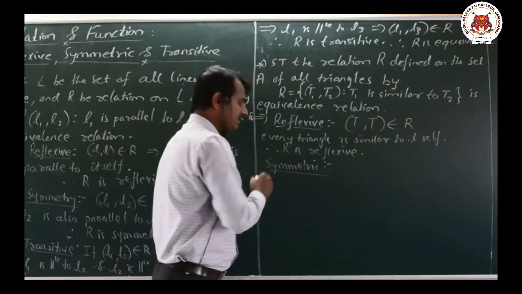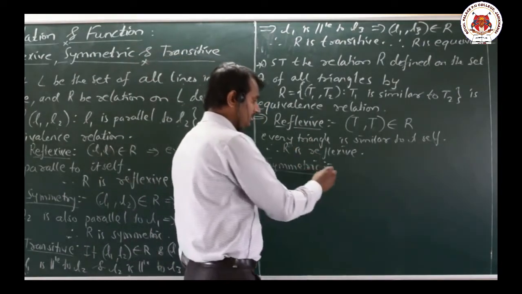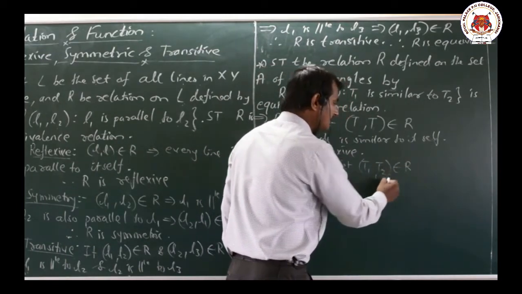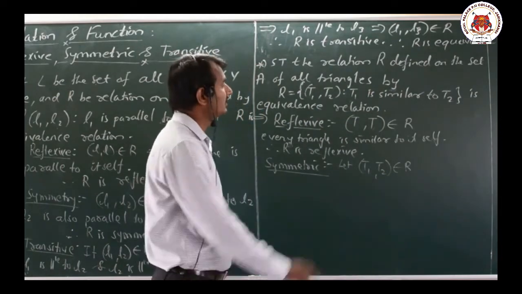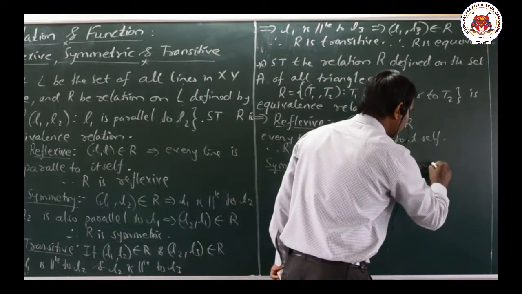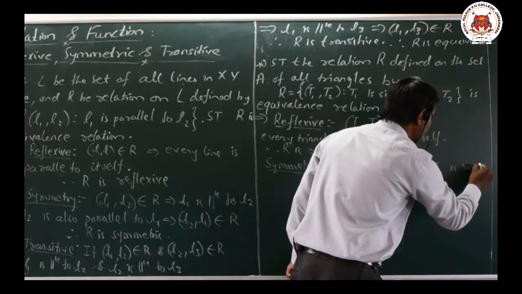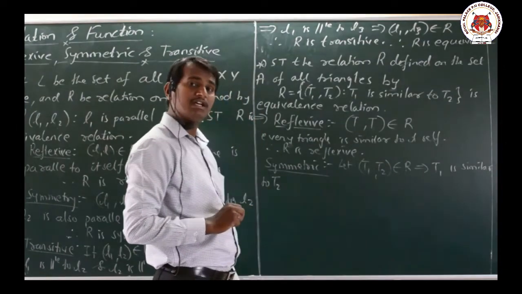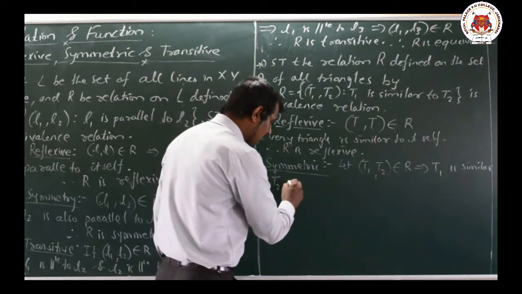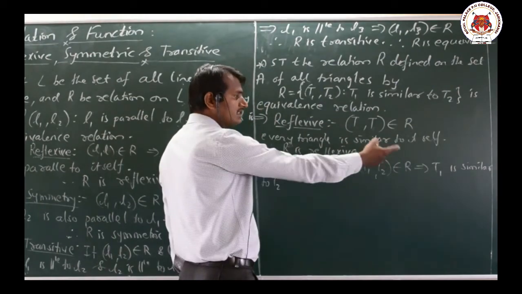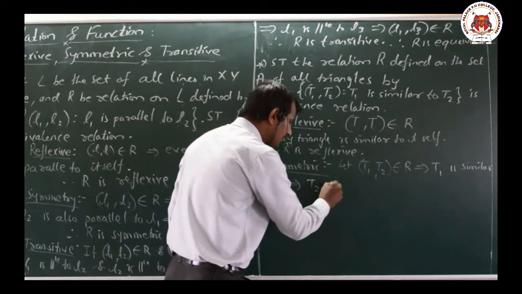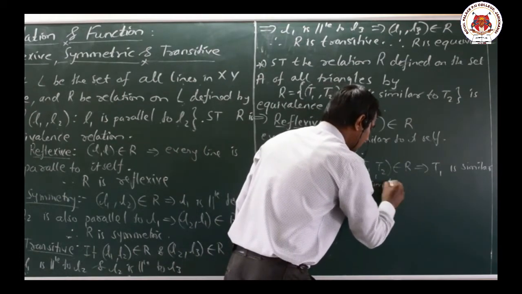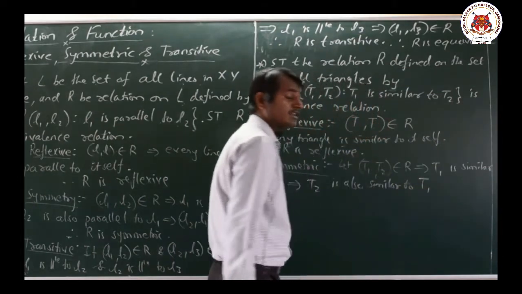What do you mean by symmetric here? Let (T1, T2) belong to R. This means T1 is similar to T2, that is, triangle 1 is similar to triangle 2. So if triangle T1 is similar to T2, that implies T2 is also similar to T1.